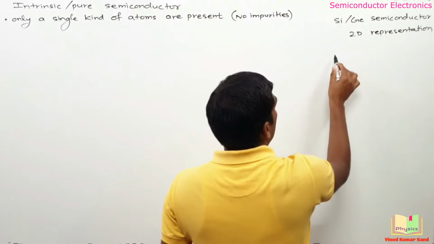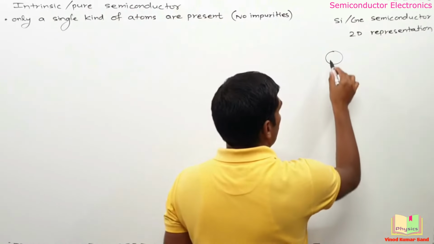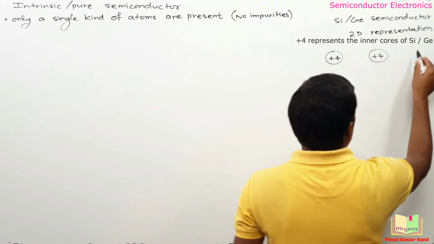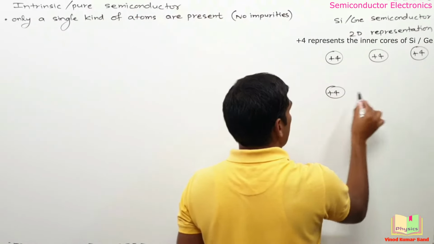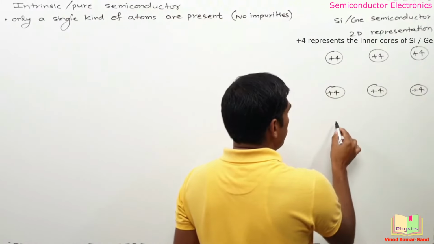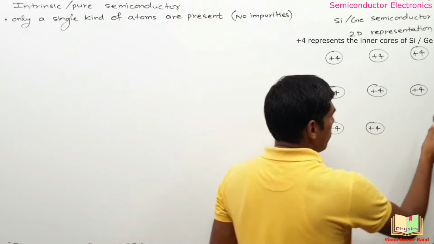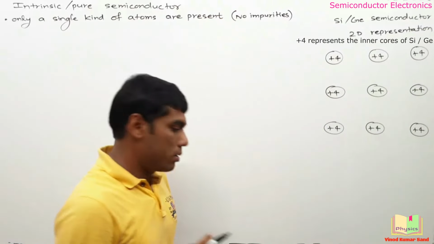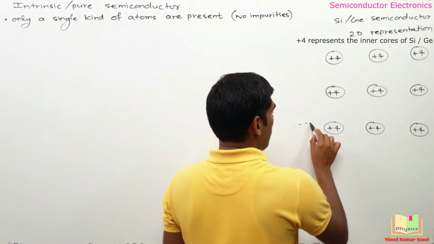Here, silicon or germanium have 4 electrons in their outer orbit. It is a simple representation to understand the semiconductors very well. To complete the octet, they require 4 more electrons, which they can obtain through covalent bonding. The covalent bonds here I am showing with the dotted lines.